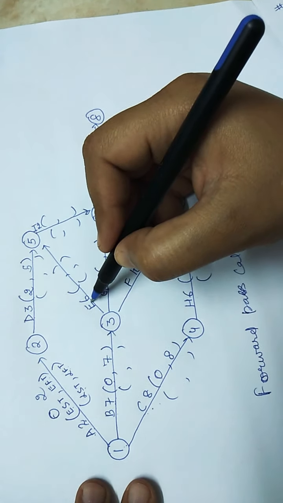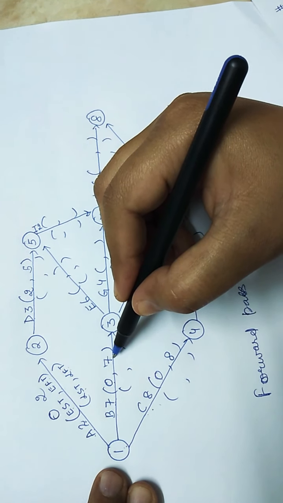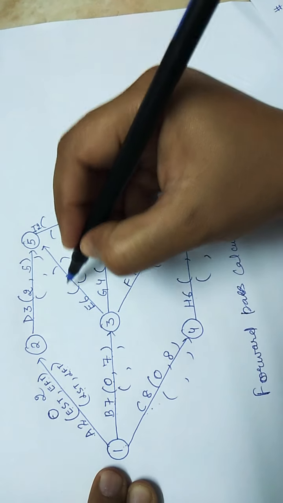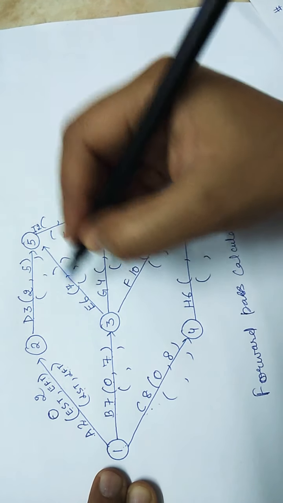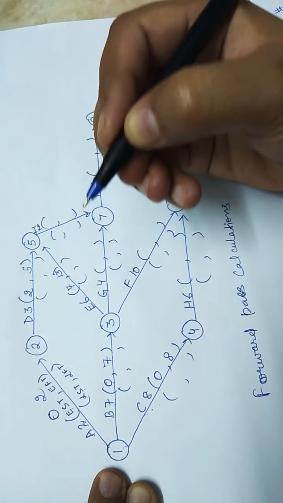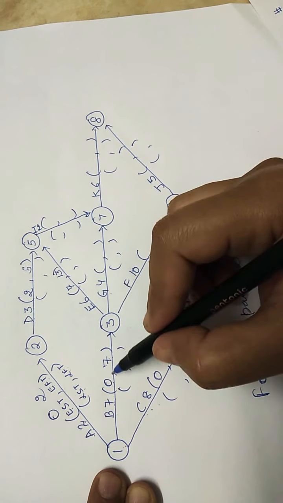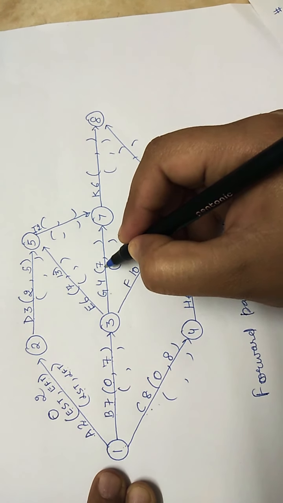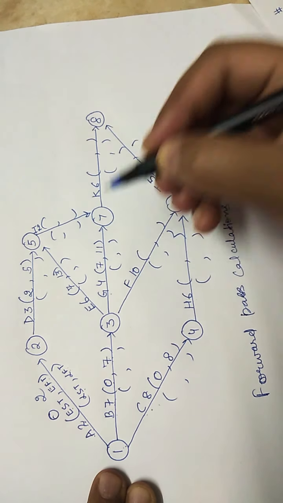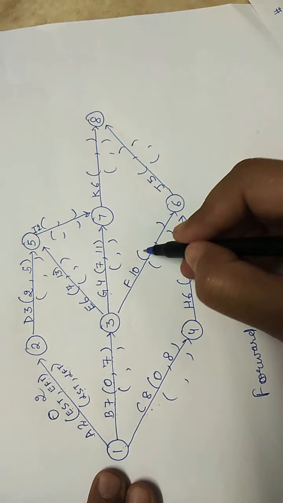We will calculate next for activity E. The earliest start time for activity E is 7 and finish time will be 7 plus 6, 13. For G, earliest start time is 7 and earliest finish time will be 7 plus 4, 11. For F, earliest start time will be 7.